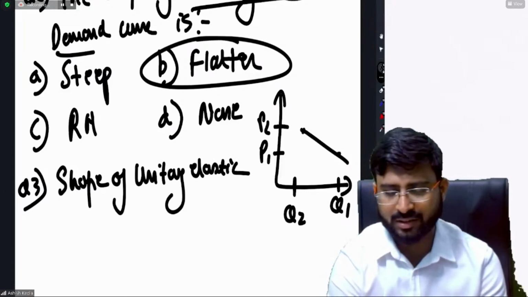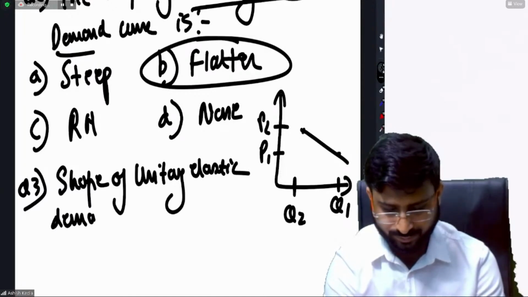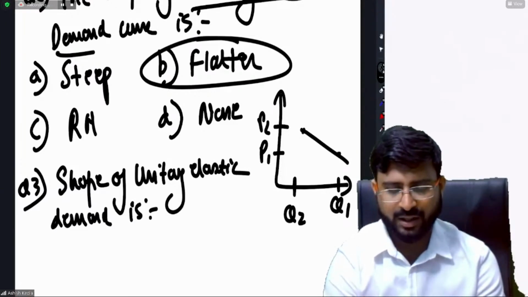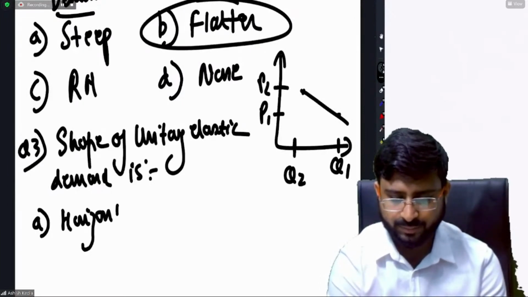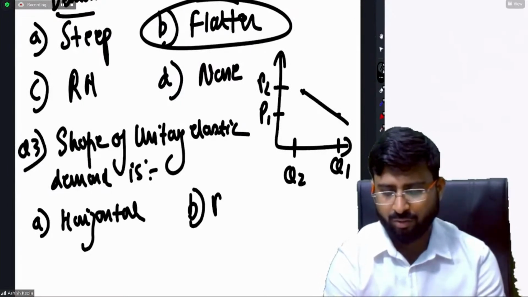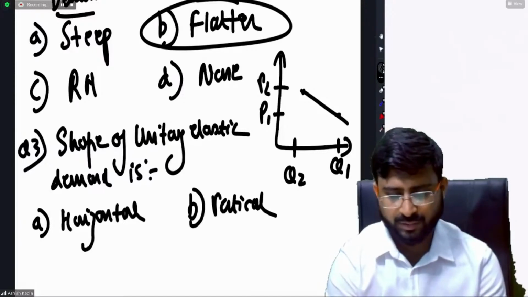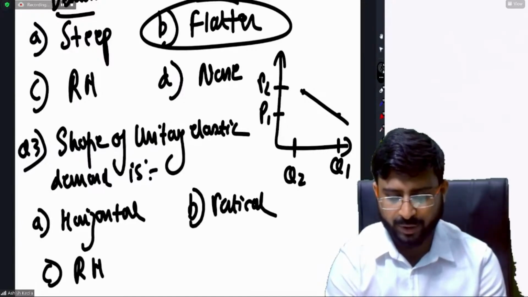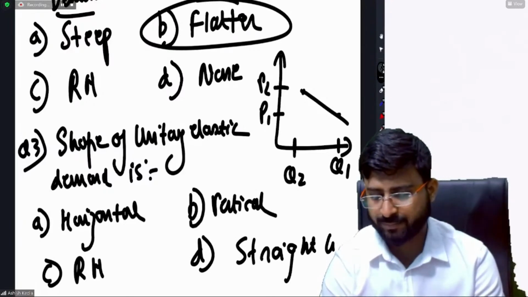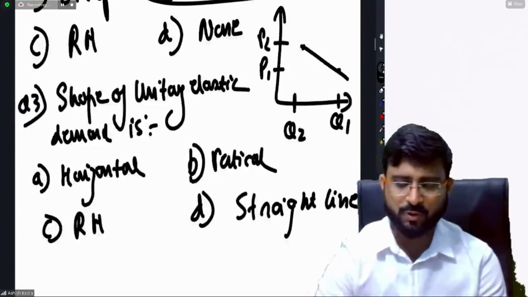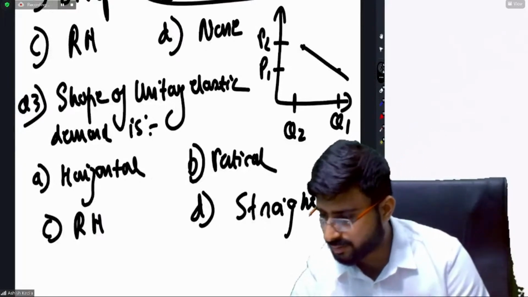Shape of unitary elastic demand is A horizontal, B vertical, C rectangular hyperbola, D straight line. Shape of unitary elastic demand, everyone.